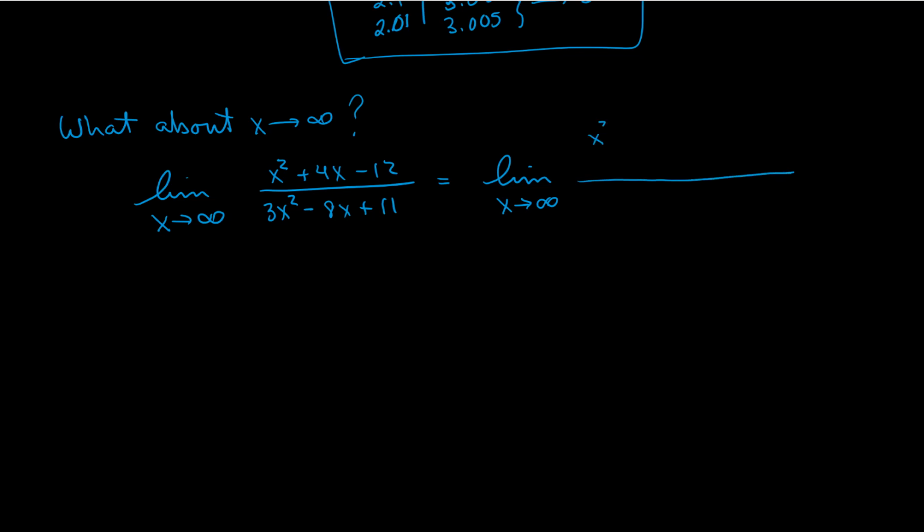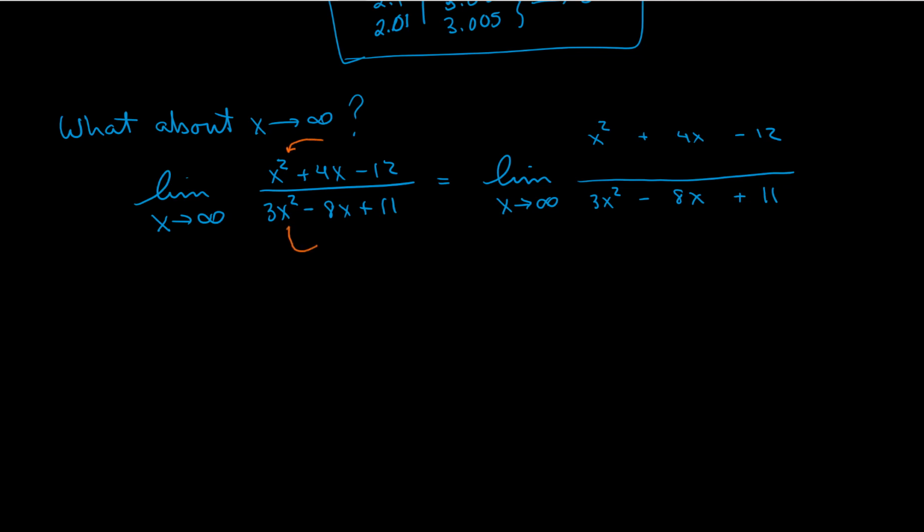I've got my x squared plus 4x minus 12, and in the denominator, I have this 3x squared minus 8x plus 11. What I'm going to do is in both the numerator and the denominator, look for the highest power of x. In the numerator, the highest power of x is this x squared.